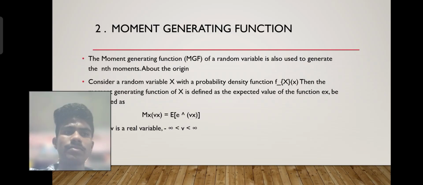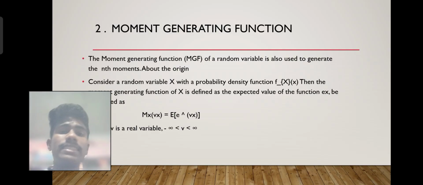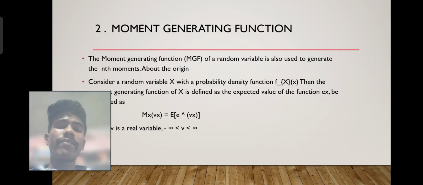Moment generating function. The moment generating function of a random variable is also used to generate the nth moment about the origin. Let us consider a random variable X with a probability density function f_X(x).